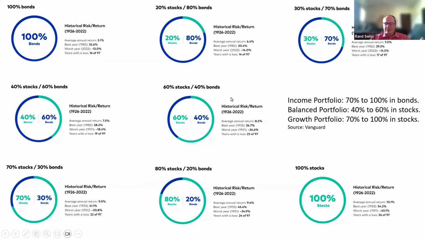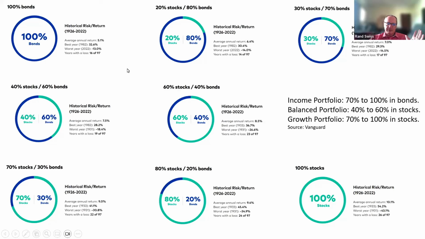But this is typically what is considered a balanced, or the typical makeup of a balanced portfolio. And then the third row, the bottom one here, is when we say something is a growth portfolio. So growth is then 70% and above in equity, up to 100% in equity or stocks. So 70/30, 80/20, and 100.